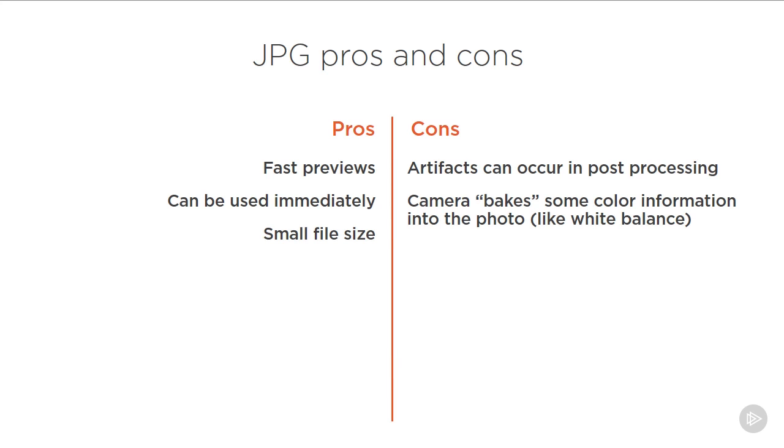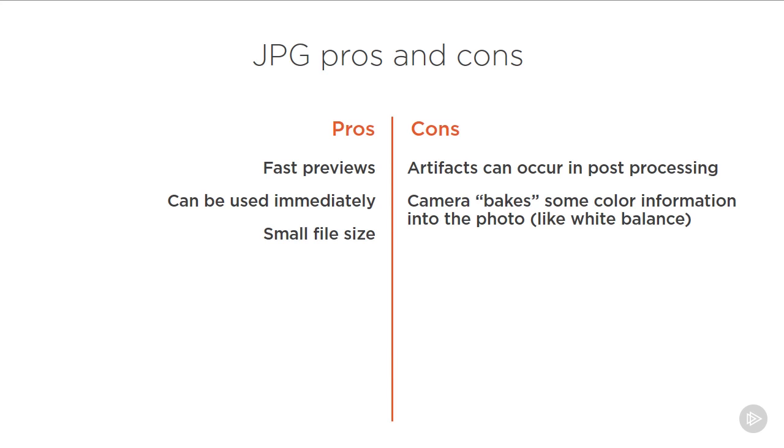So you can expect that if you send somebody a JPEG, they'll be able to open it without installing any extra software. Now, unfortunately, as we talked about, due to the technical limitations, you can start to get artifacts, banding, or unwanted effects when you start to do a lot of post-processing to your JPEG images.